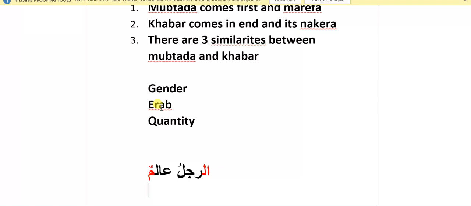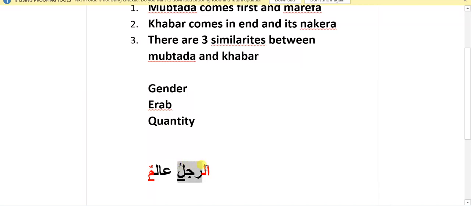But remember, this is from marfuat. Mubtada and khabar are both part of marfuat. It means on both mubtada and khabar their i'rab will always be zamma, pesh on it. That's why the i'rab of rajulu and the i'rab of alimun is the same, that is pesh. I'm not talking about tanween because we know tanween is not an i'rab.